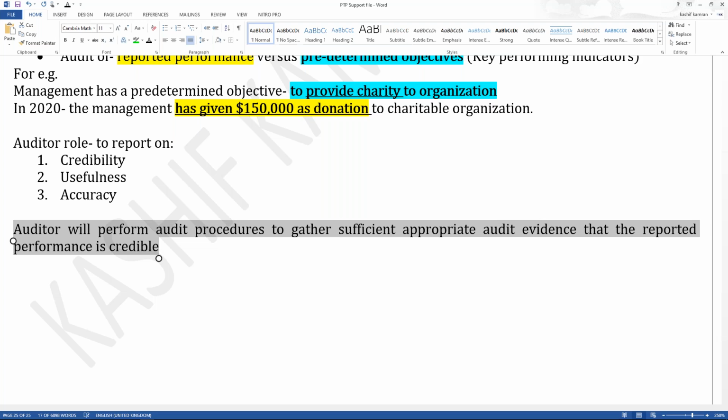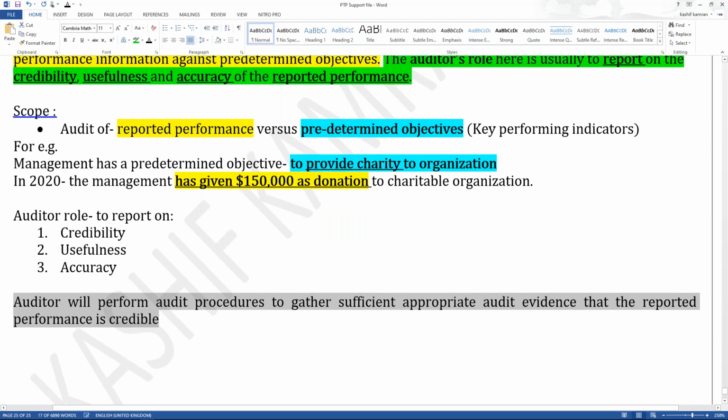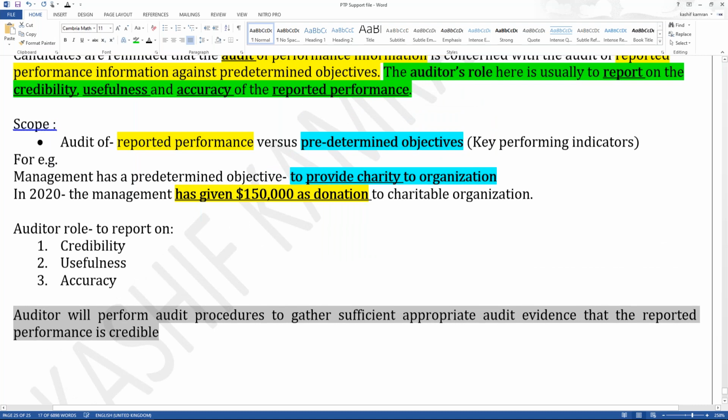Now, once you know what an audit of performance information is, and once you know what the management does, I need some quick answers from your side. What is the role of the management in performance information? Number one, the management sets the objective. Is that right? Okay.